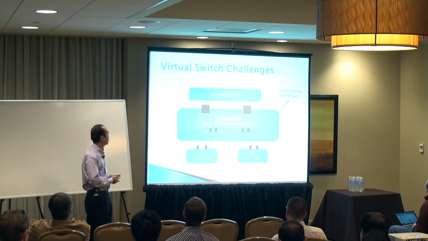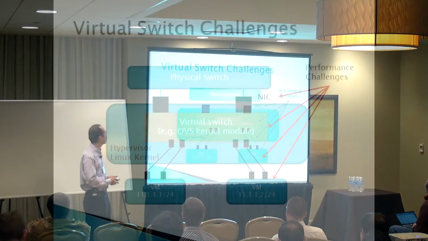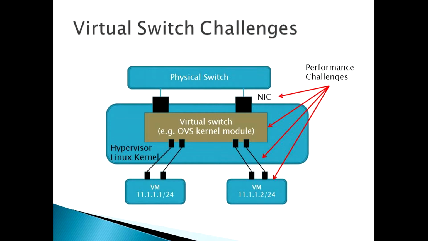Let's still focus on the virtual switch side. What typical switch performance challenges could be introduced by the NFV concept? There are four highlight points here. The first one is the NIC and driver side. The second is the virtual switch side. Those are typical performance bottlenecks.